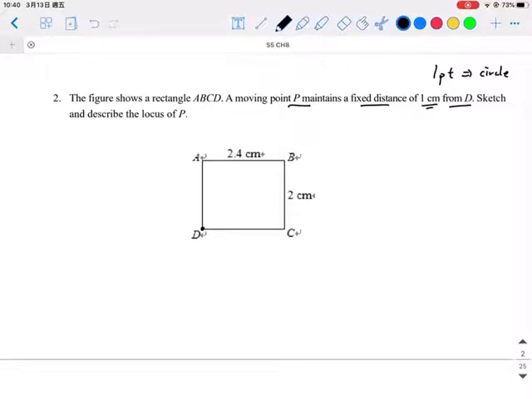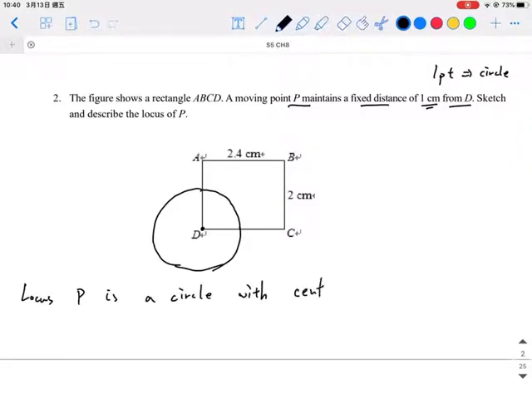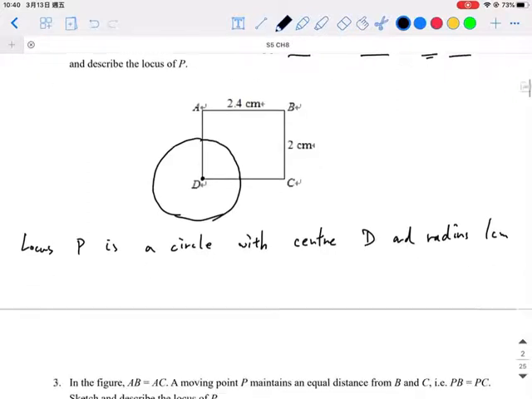So it's about here. How can I describe it? The locus of P is a circle with center D and radius 1 cm. We finished question number 2.